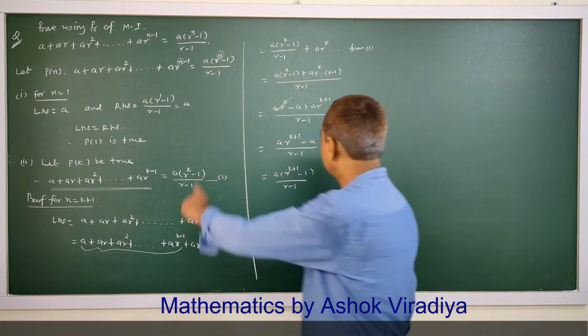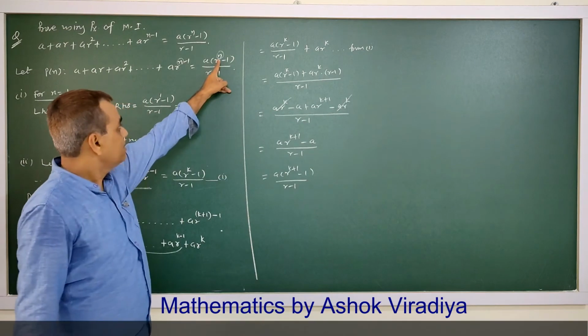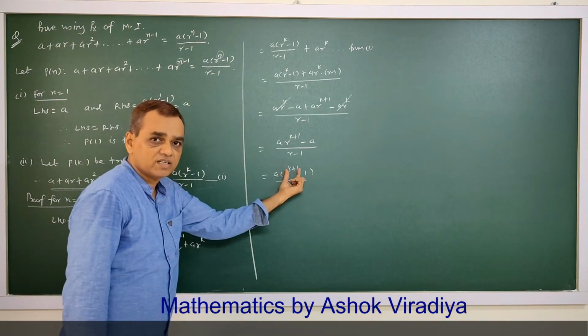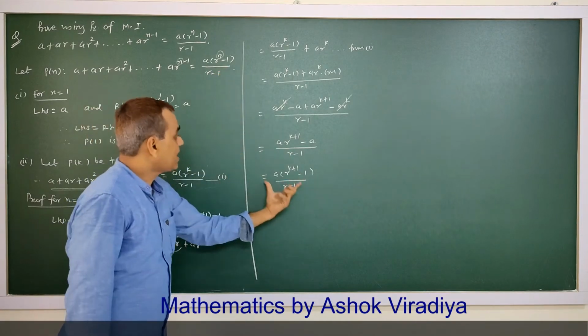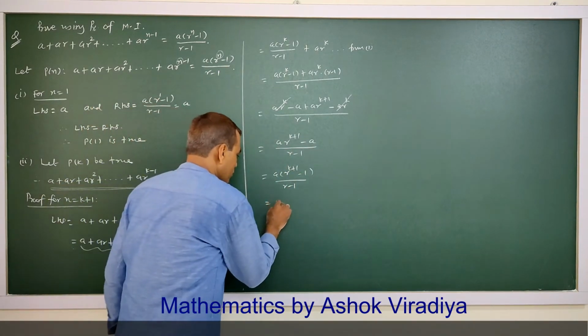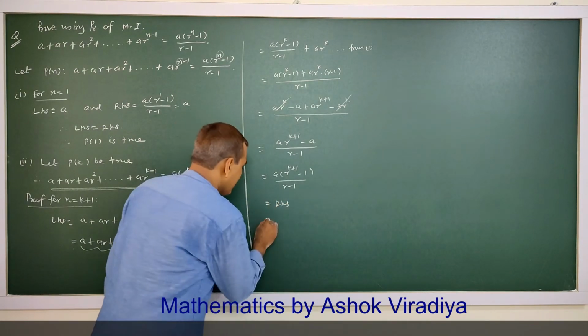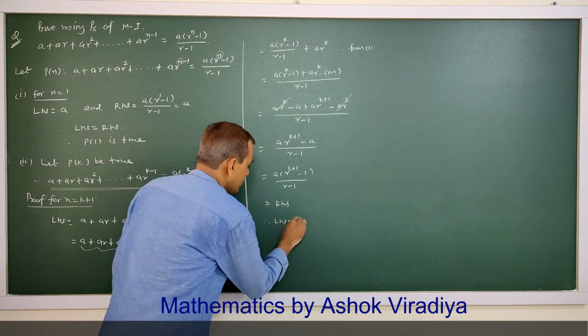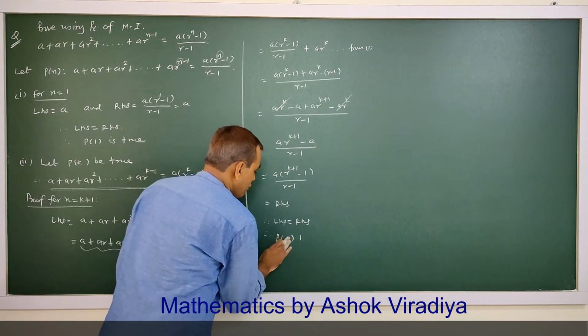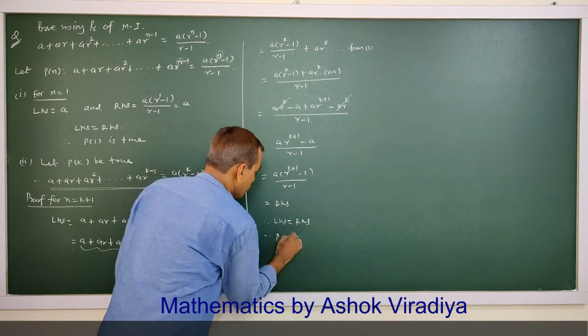And you can see that n is replaced by k plus 1. So this is RHS for n equal to k plus 1. It is equal to RHS. Therefore, LHS equal to RHS. So P of n, P of k plus 1 is true.